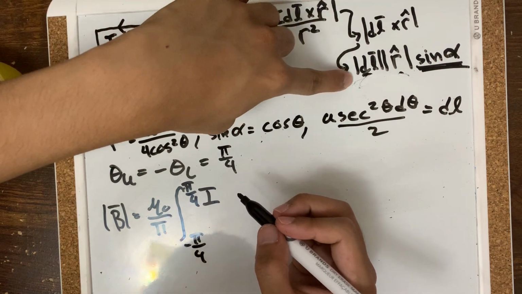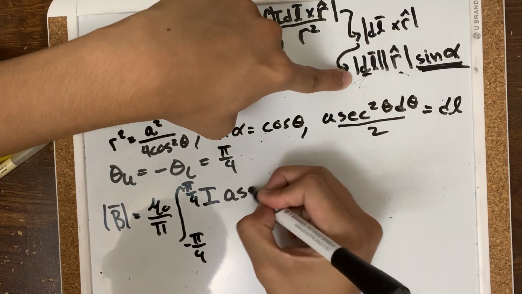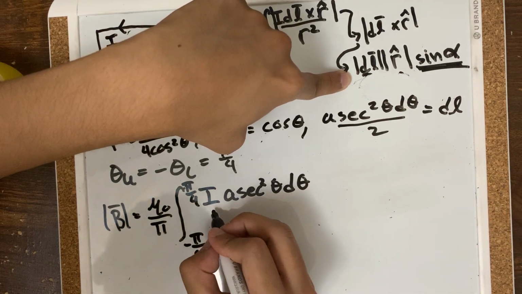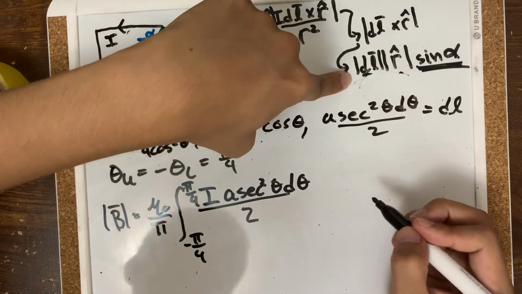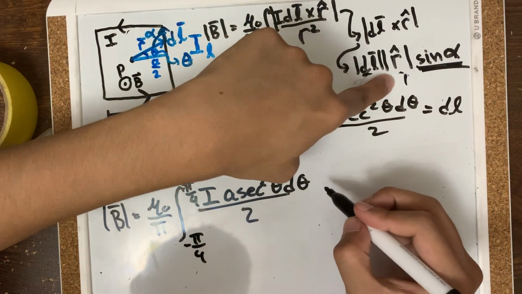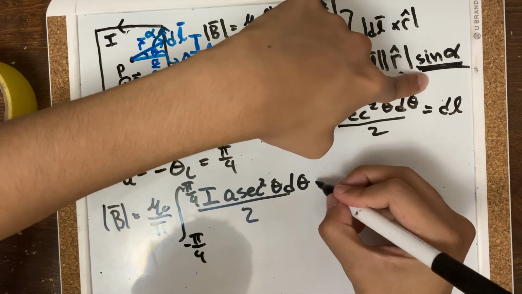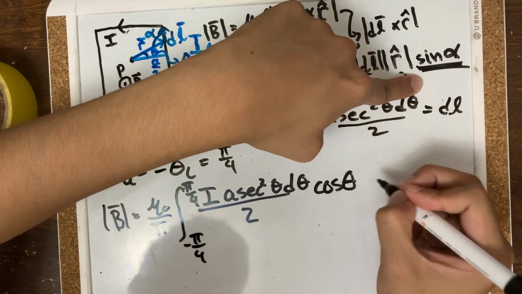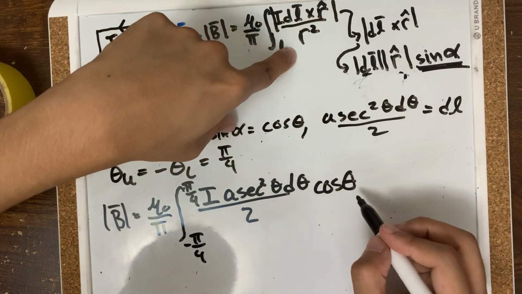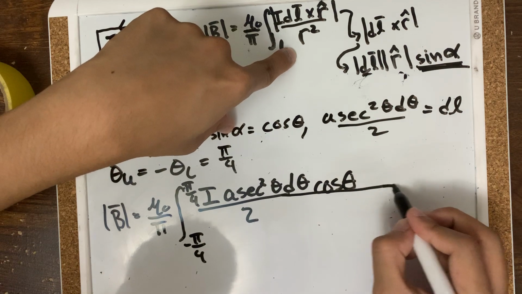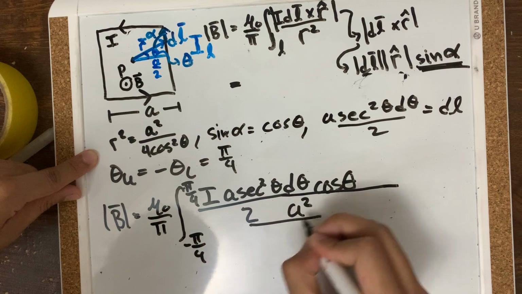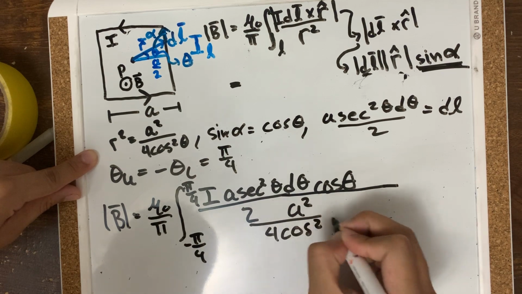This is dl, the magnitude of dl, which is a secant squared theta d theta divided by 2. R hat, the magnitude of r hat is 1, so I'm not going to write that. And sine of alpha is cosine of theta. And then we need to divide everything by r squared. So I'm just going to extend the division here. And r squared is nothing but a squared all over 4 cosine squared theta.